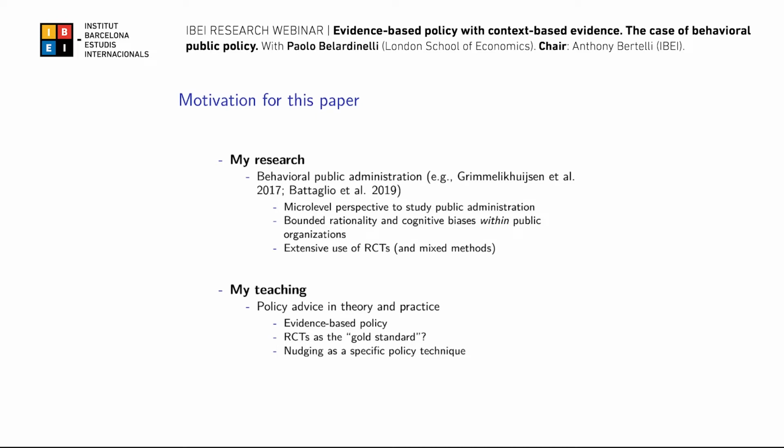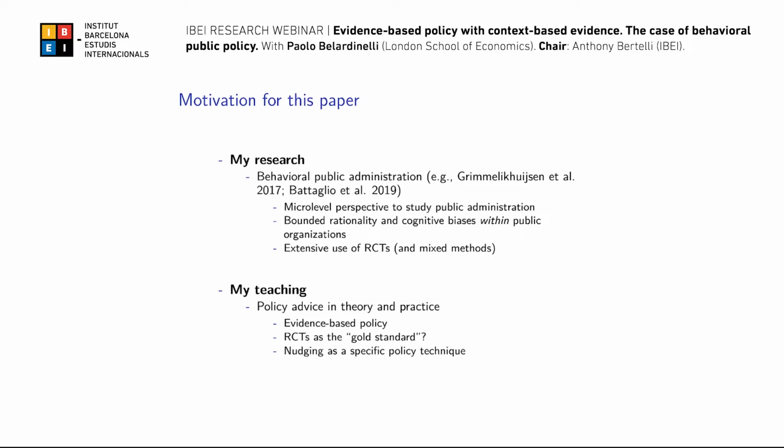But people are still free to choose whatever they want. So these are the two main starting points, reflecting upon this idea that evidence should be used in public policy, in policy advice, to make public policy better, as applied to my area of research, behavioral public administration and behavioral public policy.